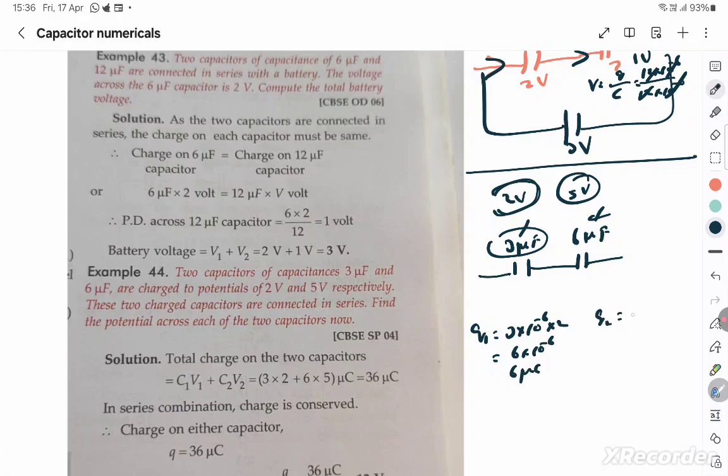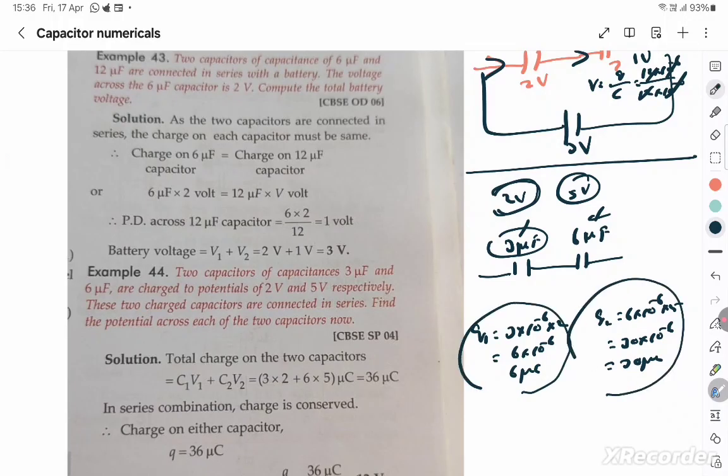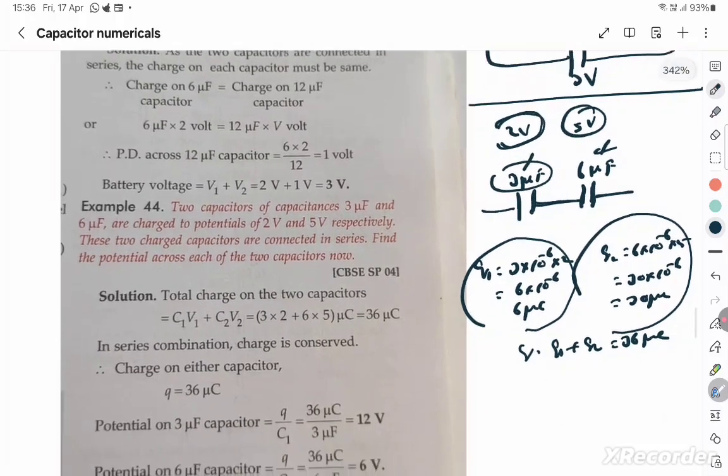And the charge across the second capacitor is CV again, 6 into 10 to the power minus 6 into 5, which makes it 30 into 10 to the power minus 6, 30 microcoulomb. The two capacitors came already charged to 6 microcoulomb and 30 microcoulomb. When you do sharing of the two capacitors, the net charge is Q equal to Q1 plus Q2, therefore it's 36 microcoulomb.